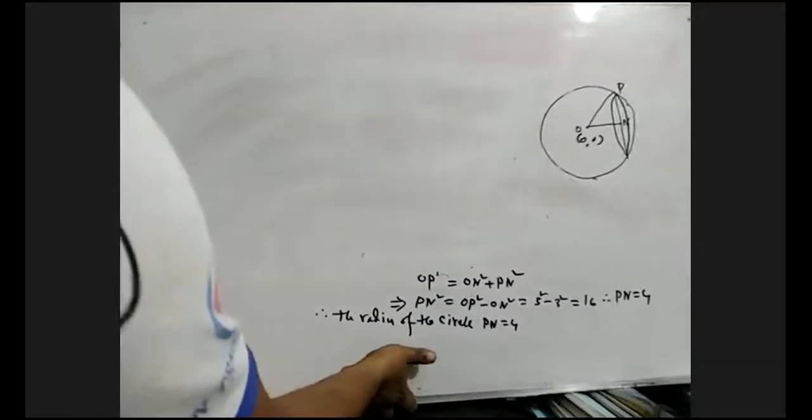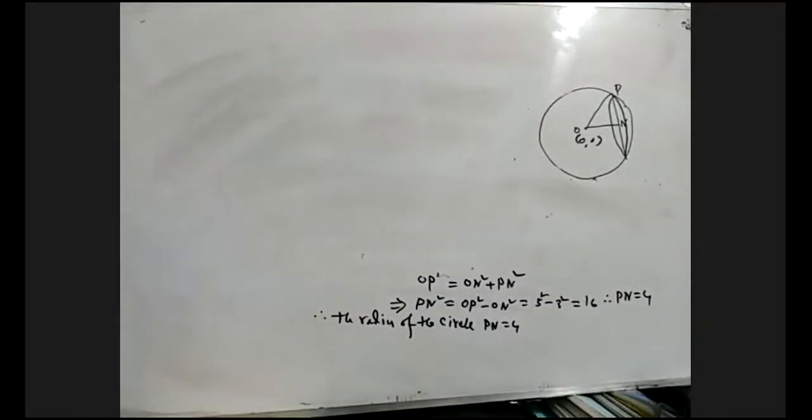Now another part: you have to find the area of the circle, which is a plane surface.